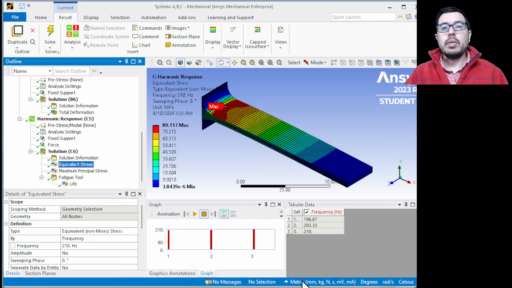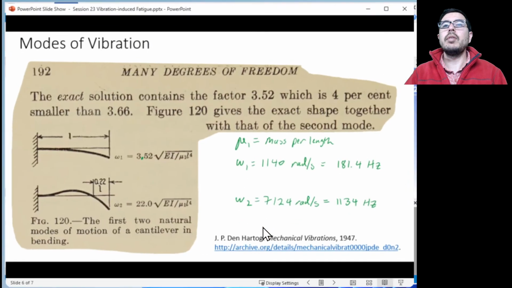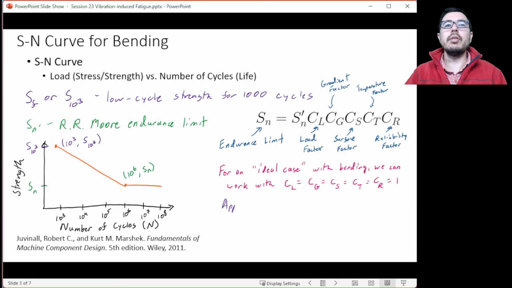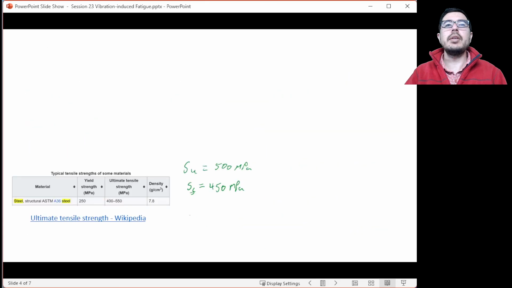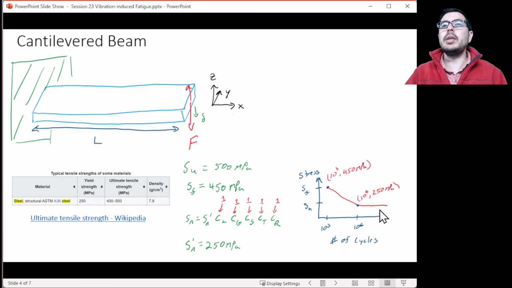Is that below the endurance limit? Well, yes, it is. If we go back here, when we made our SN curve, what we said is our endurance limit was going to be 1 times 250 megapascals. So that means that we expect the whole beam to have infinite life.